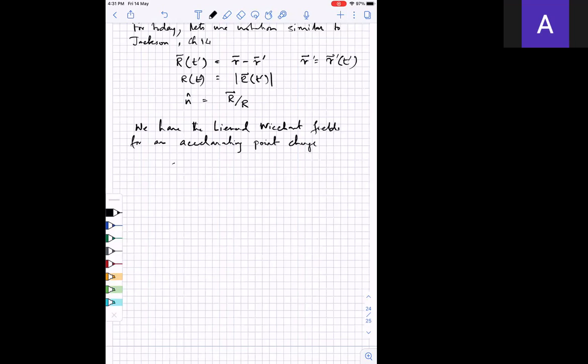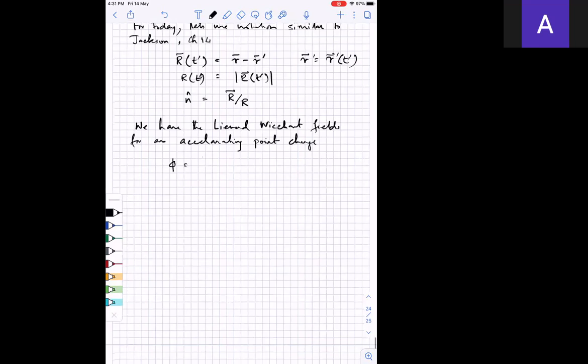The notation, which is short form, can be written as phi equals Q by kappa times R, and I'm going to define kappa in a moment. And A is equal to, again, Q u by c kappa times R.